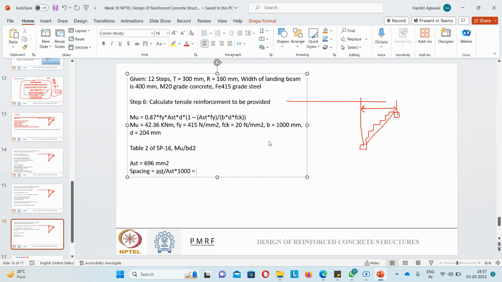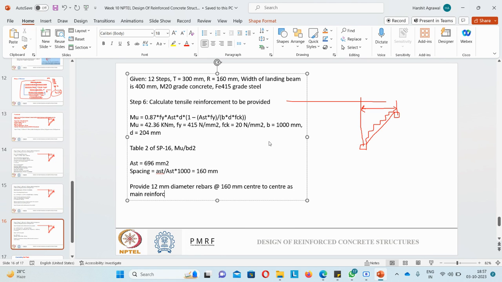From this you will get a spacing of 160 mm. So we will provide 12 mm diameter rebars at 160 mm center to center as main reinforcement.